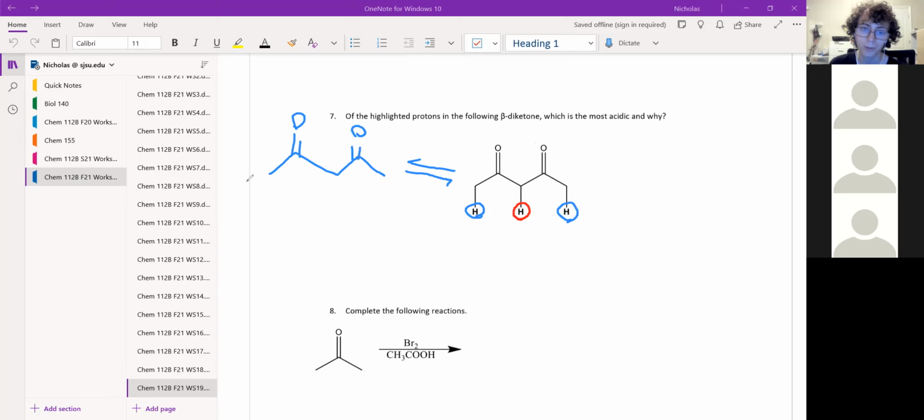So this is the conjugate base if you took that blue hydrogen on the left away. And just like before, we can talk about its stability and reactivity by showing this resonance form with the carbonyl.